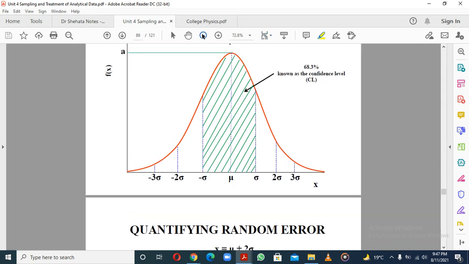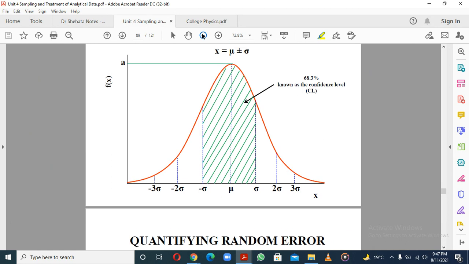What this simply means is, you see here what you're having. It means that the values which you are getting from the mu, you go plus or minus. Minus you go to the left, plus to the right. So these are the values, or this is the sample size which is falling within this range. And this is called the what? The confidence level.